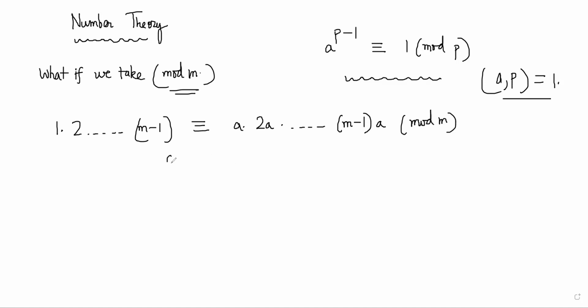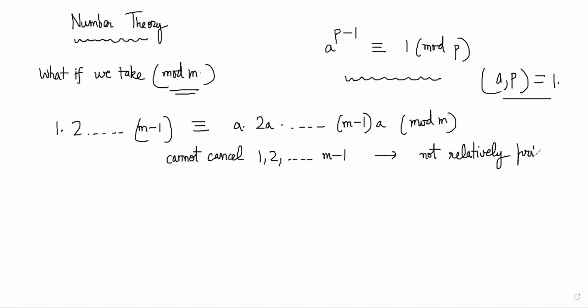Basically, we cannot cancel 1, 2, till m minus 1, because they are not necessarily relatively prime to m.